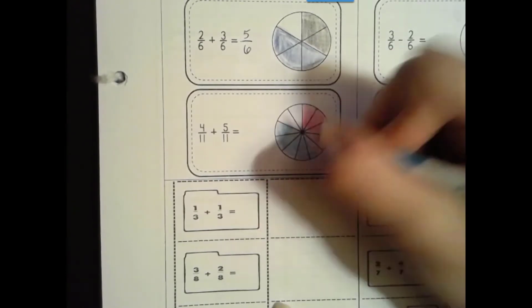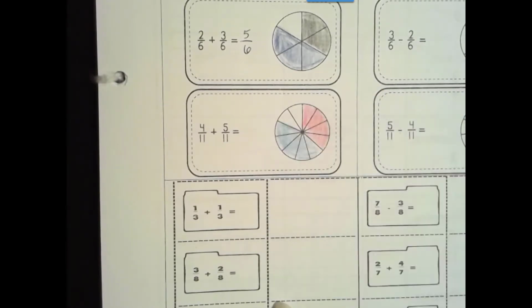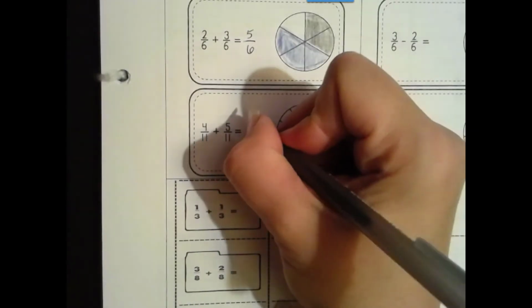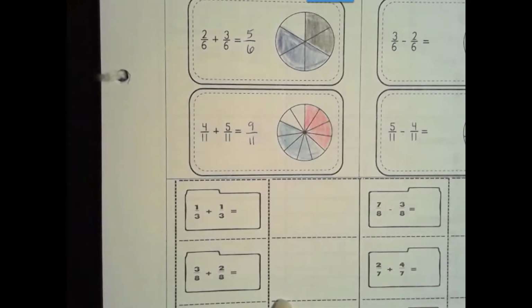And we have a total of 1, 2, 3, 4, 5, 6, 7, 8, 9 pieces out of 11 filled in. 4 plus 5 is 9.